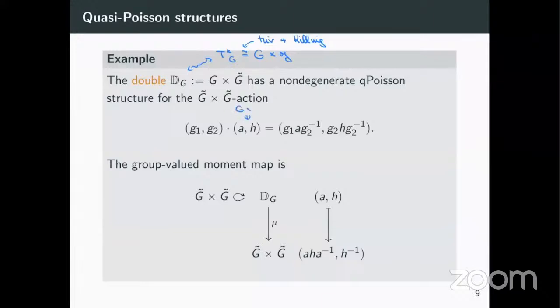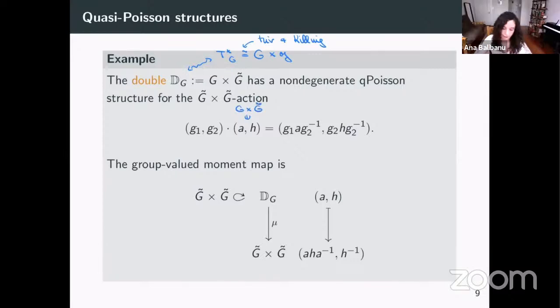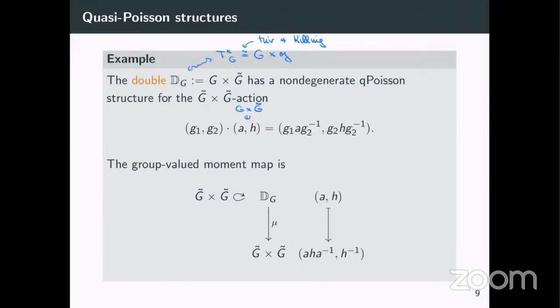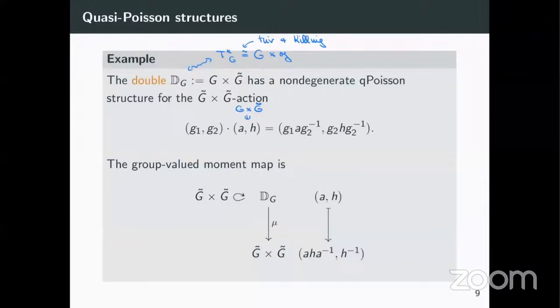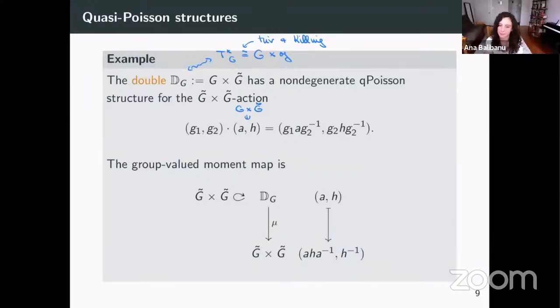Everything is in the order in which it appears. So A is, but is it really true? Because g1, a, g2 minus 1. I mean, isn't it the other way around? No, so G tilde can always act on its adjoint form, right? Because I can just project. Oh, you just project. Yes. Okay.